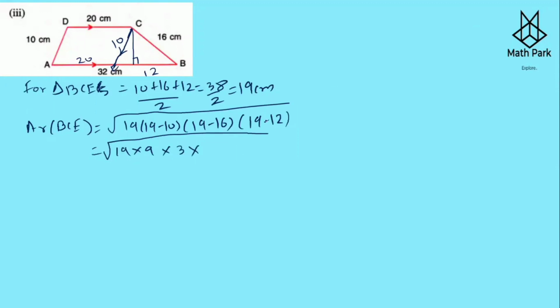And 19 minus 12 is 7. So square root of 9 is 3, so this 3 comes out. And then 19 times 21. This is 3 sevens are 21.